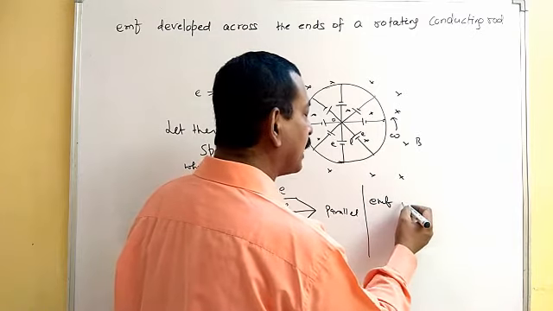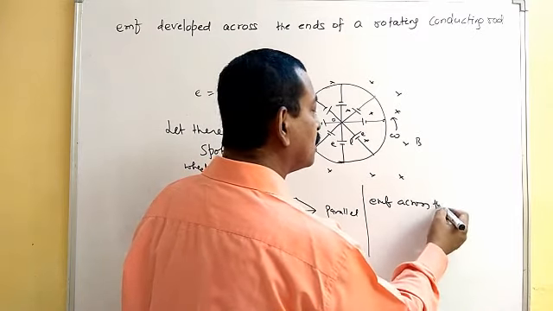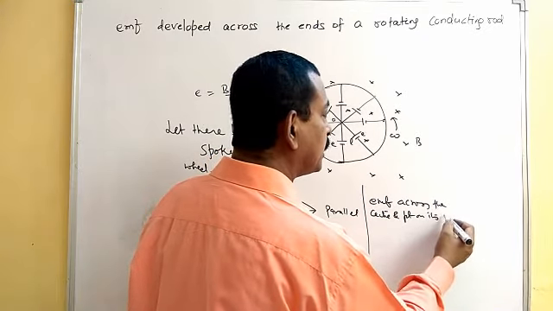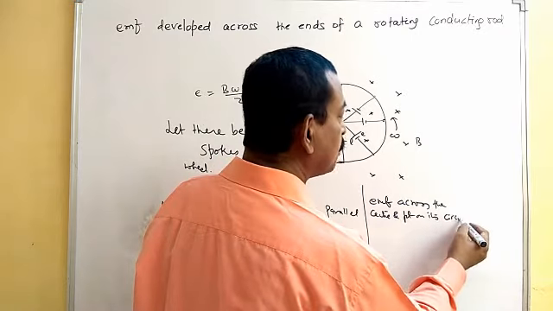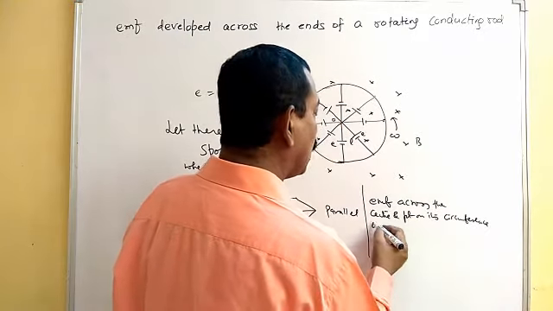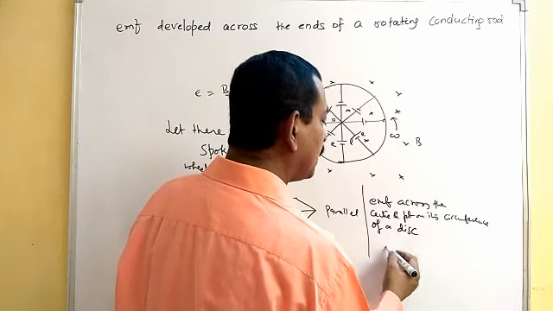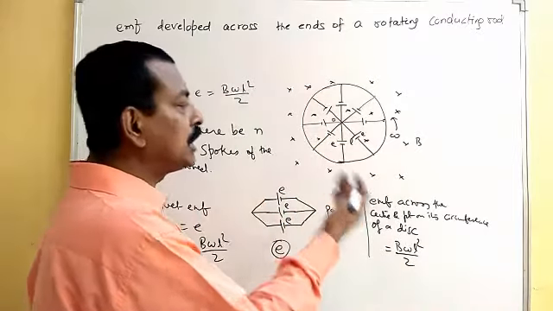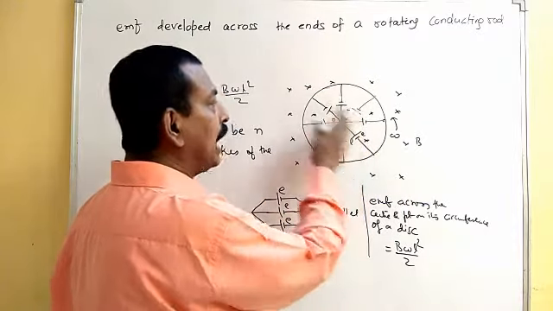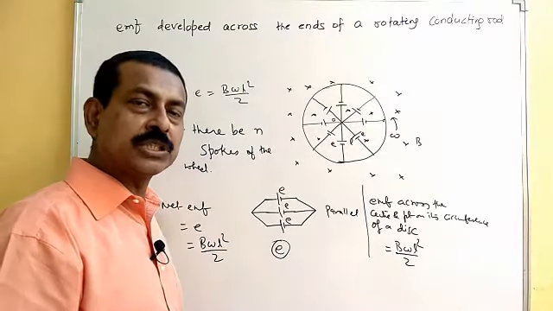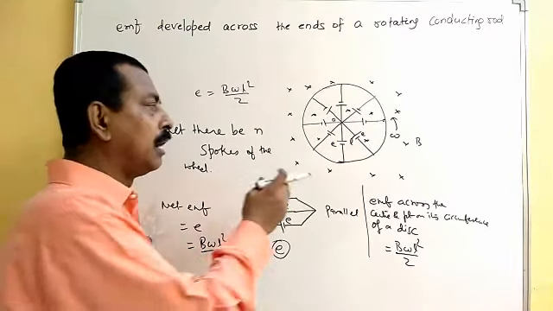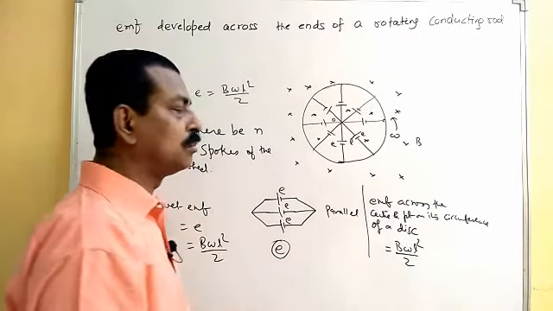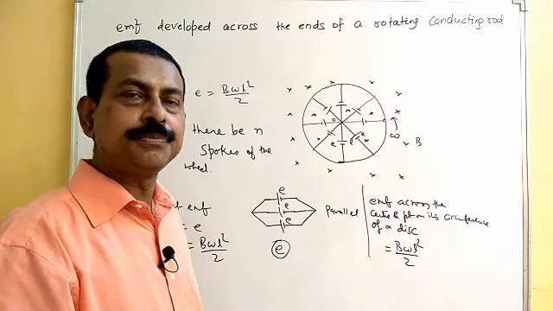So the EMF across the center and a point on the circumference of a disk is also B omega L square by 2. Because it is not depending upon the number of spokes, if you keep increasing the number of spokes, the ultimate shape will be like a disk. So there it is the same value of the EMF developed.